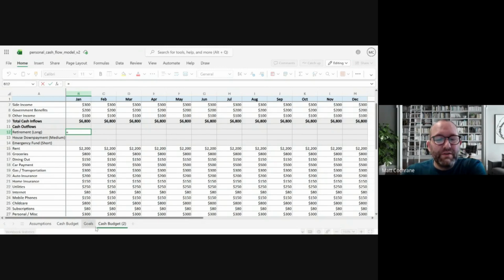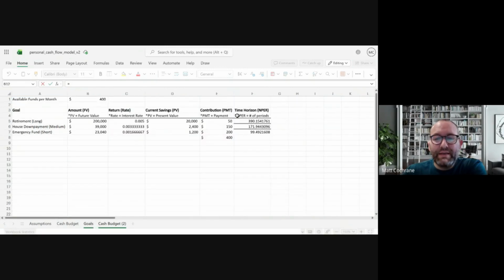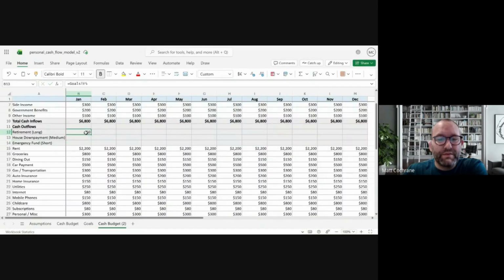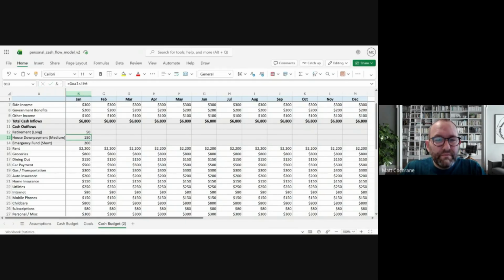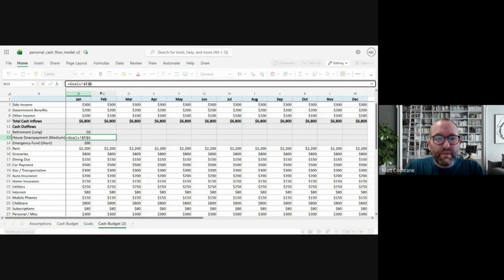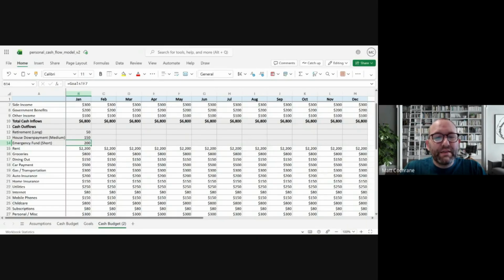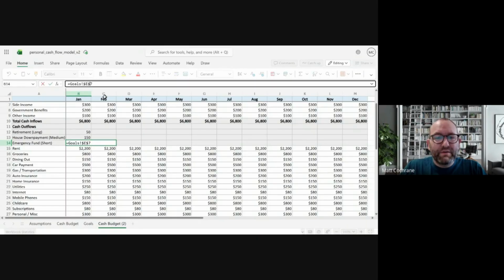Next, we can include the values. So that is our contribution amounts. Okay, so 50 per month. And remember, we have to go back and anchor these. And we want to anchor them because we're going to copy and paste these over.